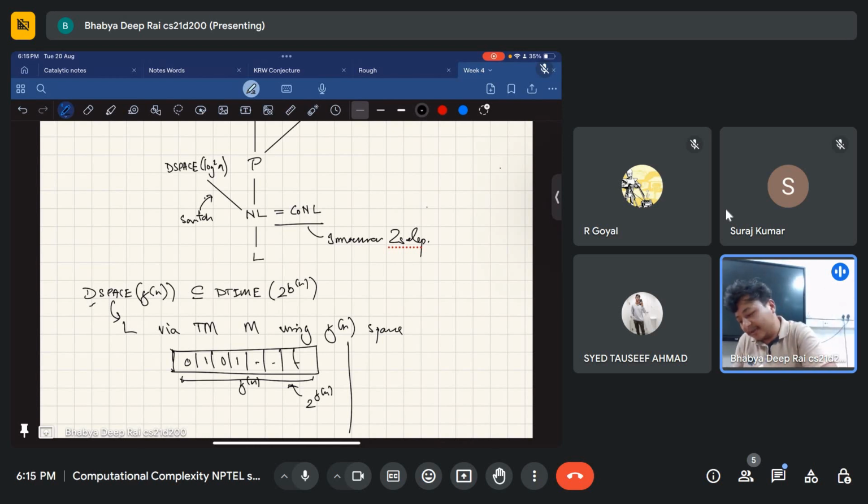What does the configuration store? The head position, the tape content, and the state you are in. The state is constant.